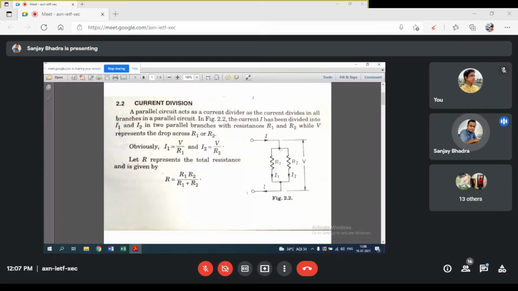What do you mean by a parallel combination? At one point they get bifurcated, and after a certain distance they again club up and move in a particular direction. That is the basic concept of a parallel combination.